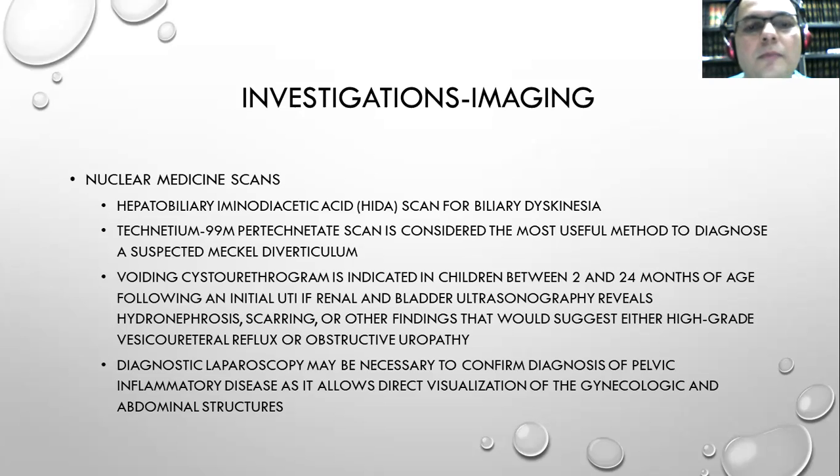Technetium-99 scan is considered to diagnose a Meckel's diverticulum. Voiding cystourethrogram is indicated in children of 2 to 24 months of age following an initial UTI if renal and bladder USG reveals hydronephrosis, or you have seen scarring or other findings that would suggest high grade vesicoureteral reflux or obstructive uropathy.